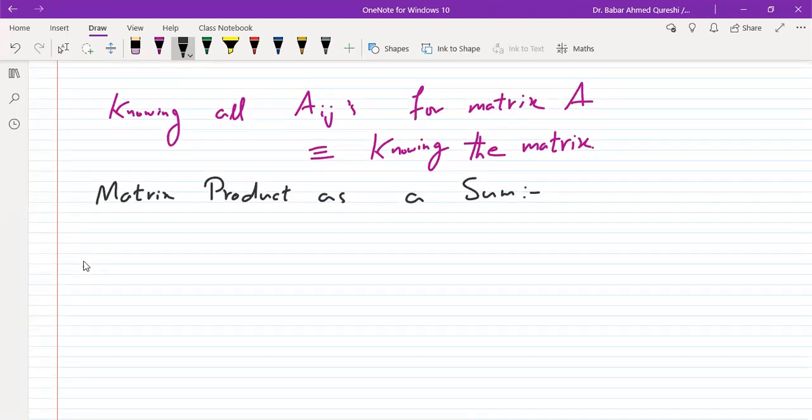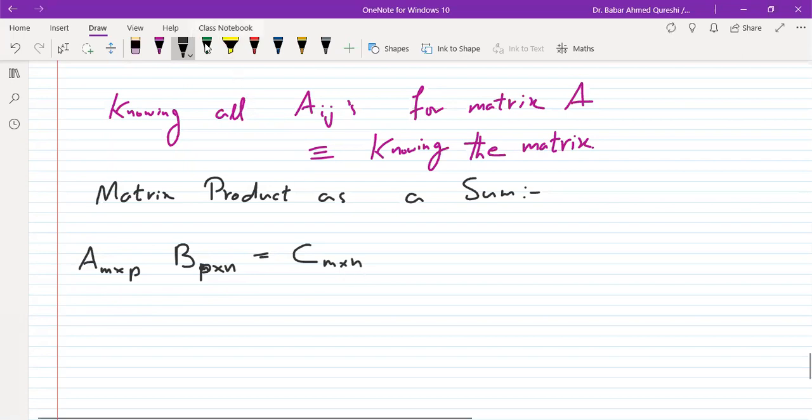So if you have matrix A, let's say this is of type M cross P, and you're multiplying it with a matrix B of type P cross N, and I get a matrix back.